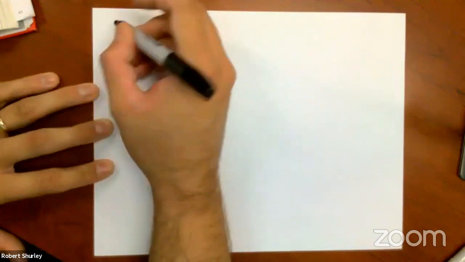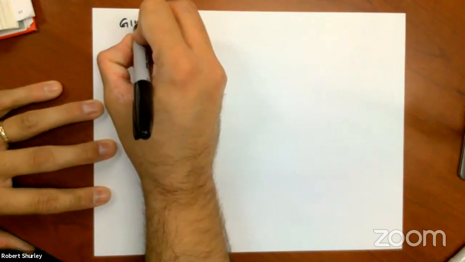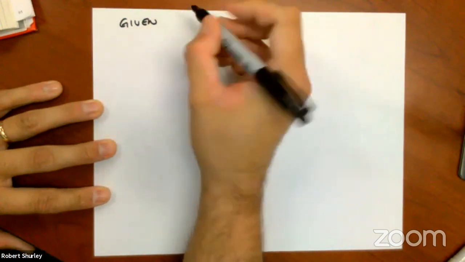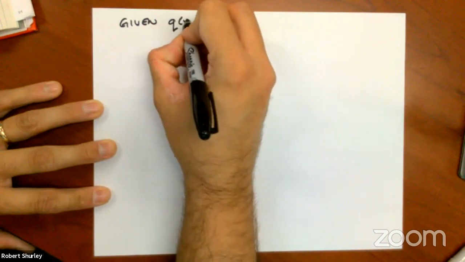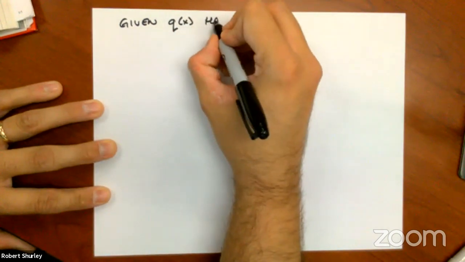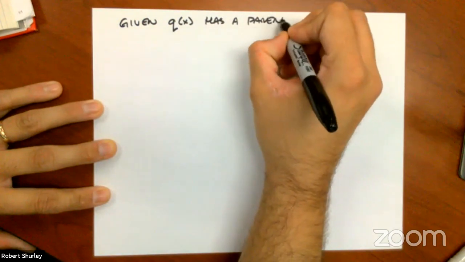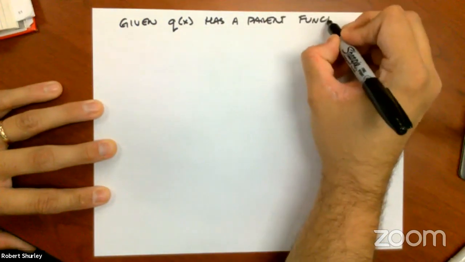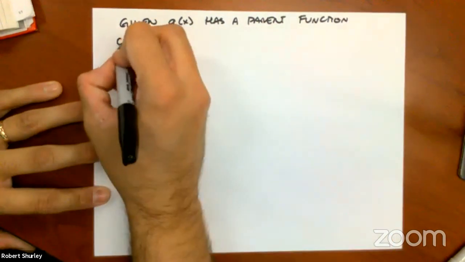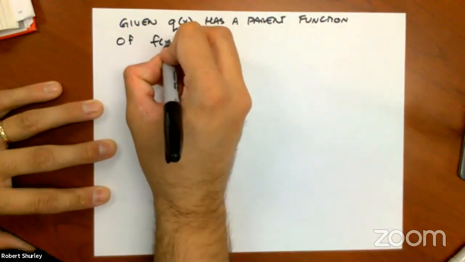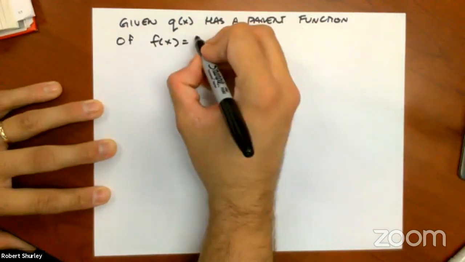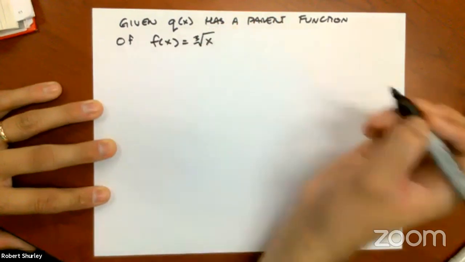So let's say, given, let's say q of x has a parent function of f of x equals, let's do like the cube root of x, why not, doesn't matter.